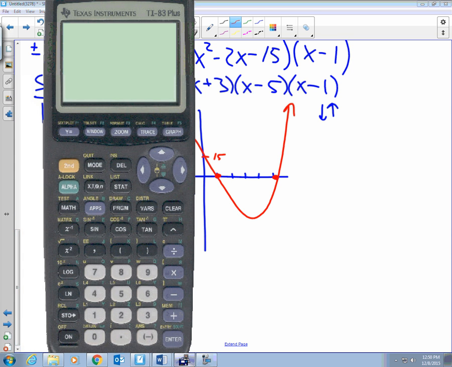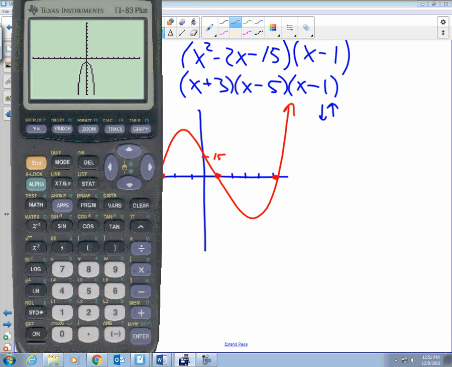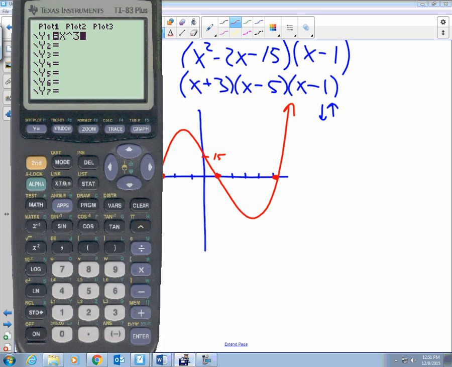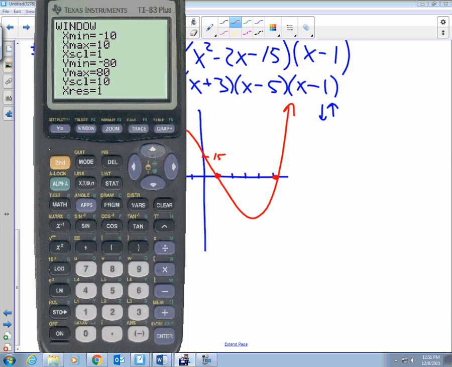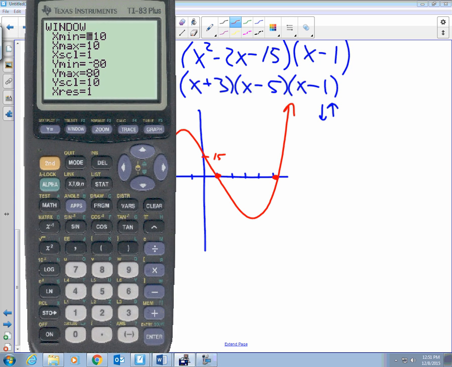And just because I'm like this, I'm going to graph it on my calculator. X to the third. And what do we got? By my estimation, I'm going to bring this all the way up to 80, just because I can. And my x values, looks like I don't need all of these. I go back to -3, so I go back 2 more to -5. And from +5, I'll go over to +7.